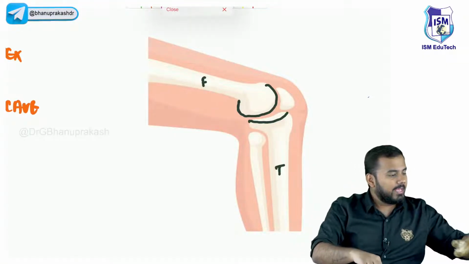If you want, I'll show you an example over here. All of you look at this. This bone over here is your femur bone, and this bone over here is your tibia bone. The femur condyles are convex, and the tibia condyles are concave.